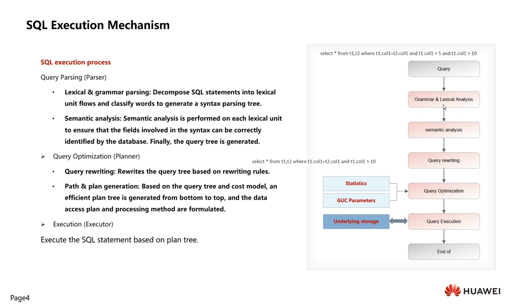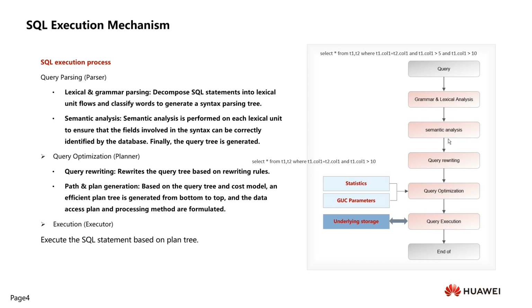The lexical analysis will break down the SQL into words and classify the words to generate a syntax parsing tree. During this analysis, it will check if the incoming SQL is grammatically correct. After this, the syntax parsing tree becomes the input for the semantic analysis.